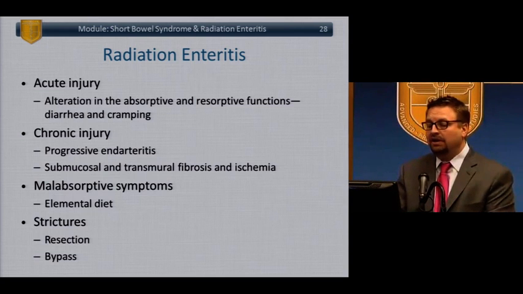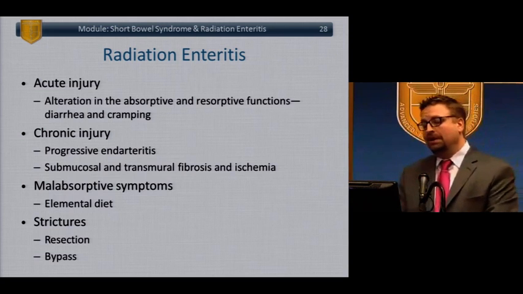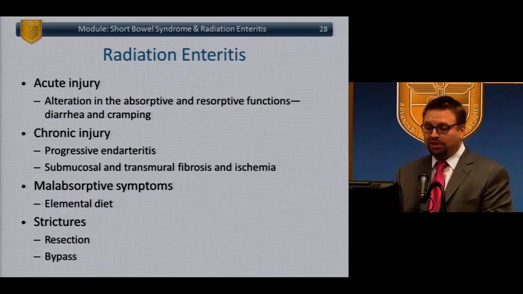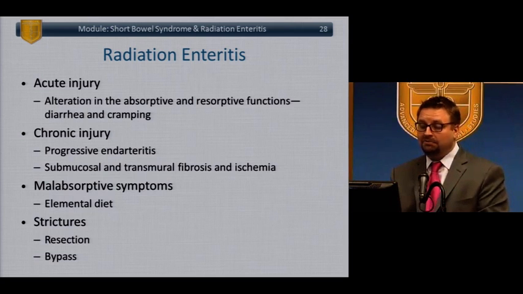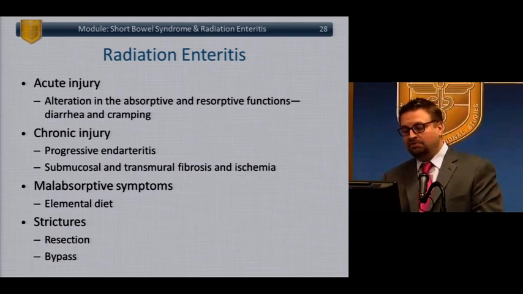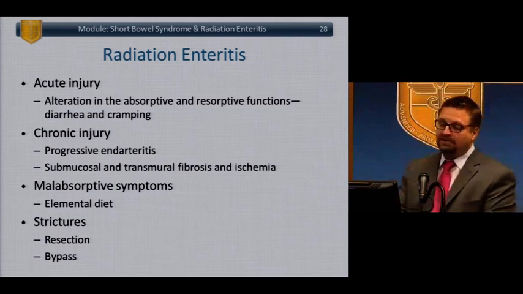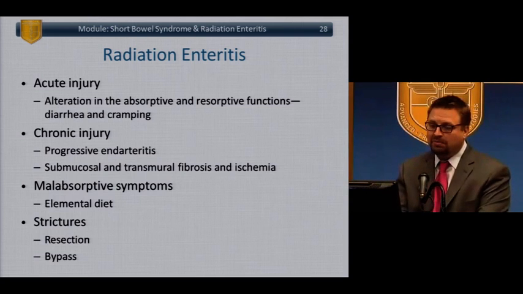These patients have some degree of malabsorption. Sometimes they can be managed by simply altering their diet, putting them on an elemental diet, sort of a pre-digested diet, but sometimes not. Resection of strictures is sometimes required if the patients are having obstructive symptoms. Bypass is something good to remember in operating on these patients.